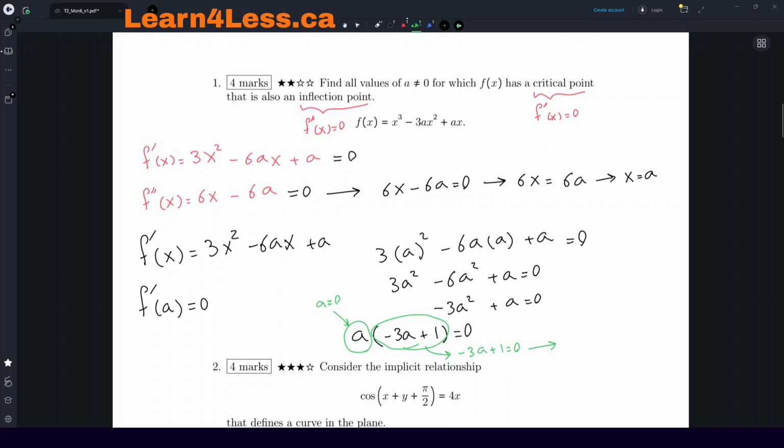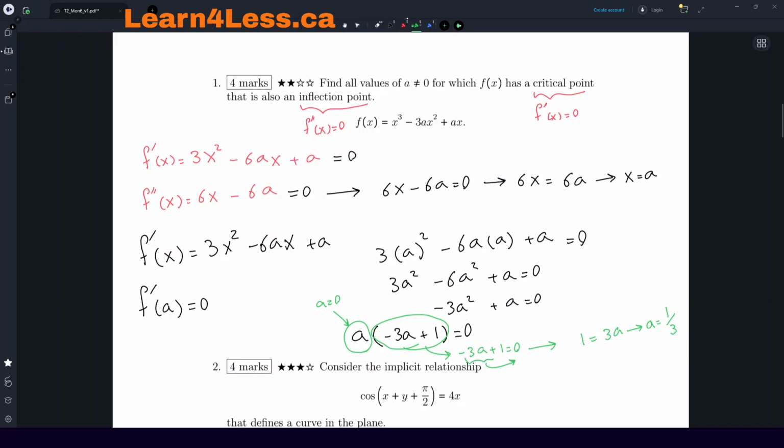So let's solve that. Moving the negative 3a to the other side gives us 1 is equal to 3a. So a is equal to 1/3. So a equal to 1/3 changes this function in a way that the critical point and the inflection points are the same points.